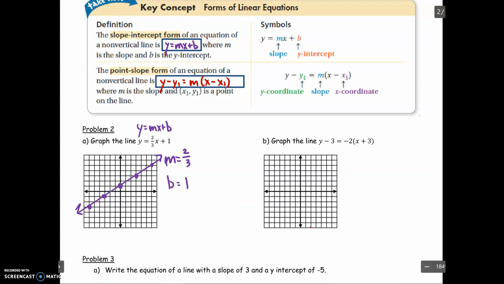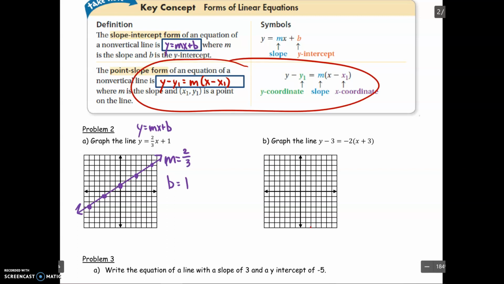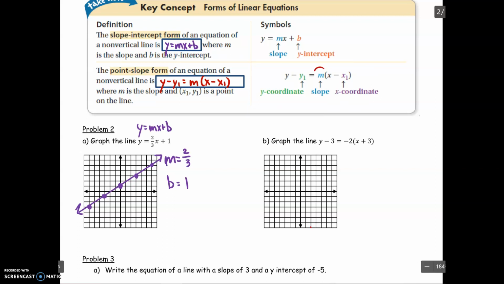Our next line uses our different form, which we call point-slope form. Like the name implies, it uses the slope from our line, and it also uses a single point from the line, where we split up the coordinates into an x-coordinate and a y-coordinate. So if I was trying to graph this example, it's written in point-slope form, and that's what it looks like from up above. For point-slope form, we just need 2 pieces of information, just like slope-intercept.